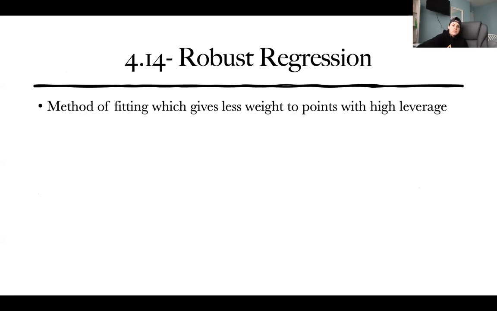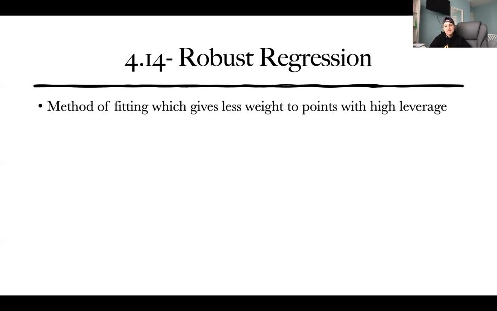Alrighty, and lastly, we're going to move on to section 4.14, which is robust regression. This is a method of fitting which gives less weight to points with high leverage. This is just a little intro to this topic. This topic is going to be discussed further in future chapters.